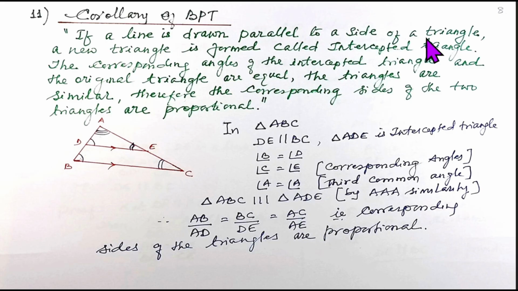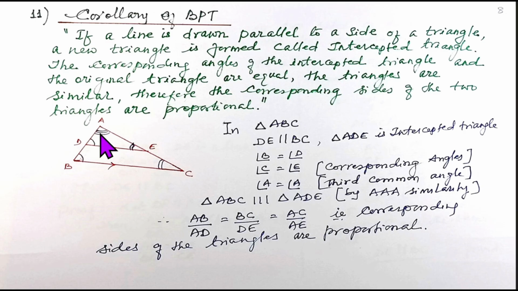If a line is drawn parallel to a side of a triangle, a new triangle is formed. See, if you take a triangle ABC, you draw a line DE parallel to BC, the new triangle ADE is formed. This triangle ADE is called the intercepted triangle. The angles of the intercepted triangle ADE and the given triangle ABC are correspondingly equal, and it is true also.